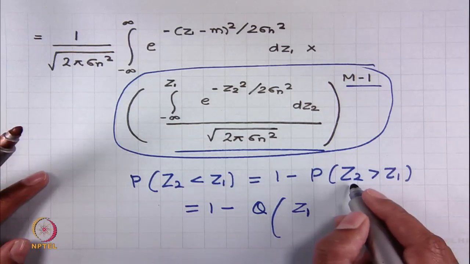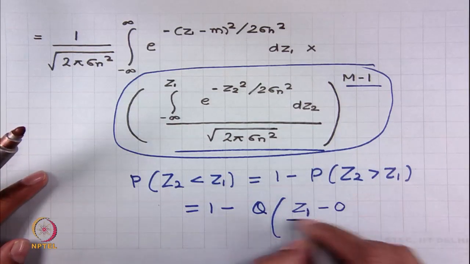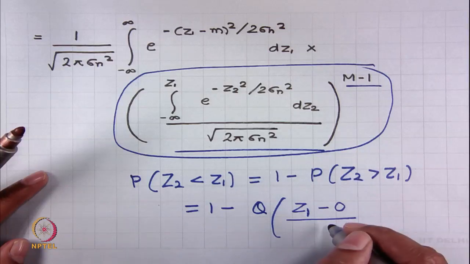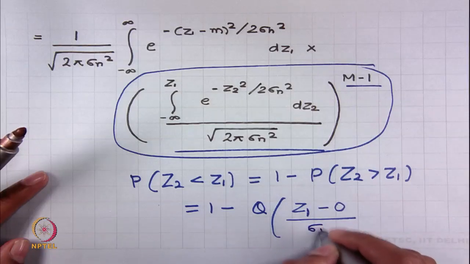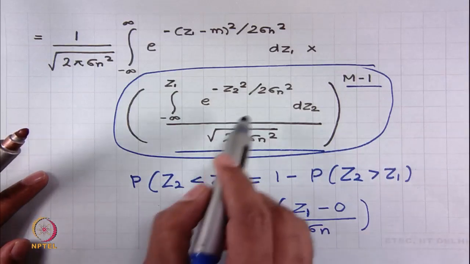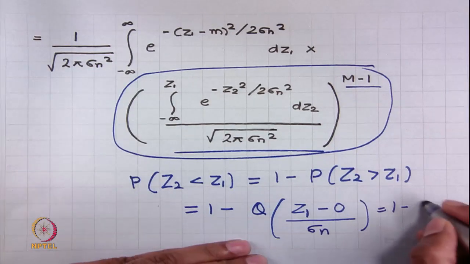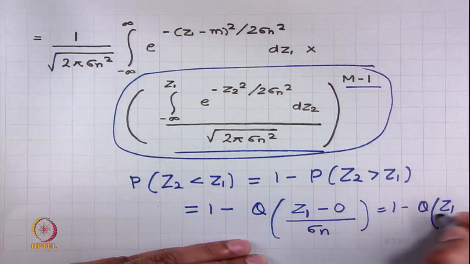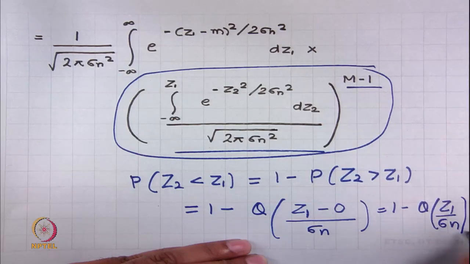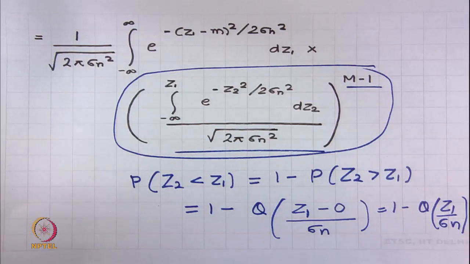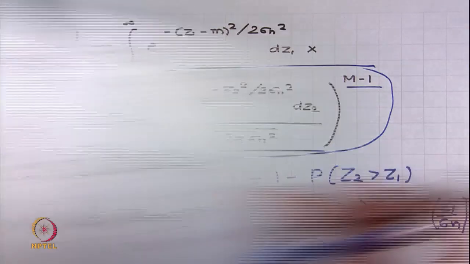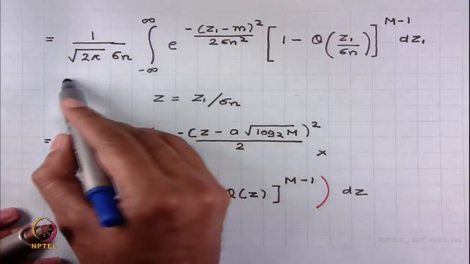What is the mean of Z2? It is 0. What is the variance of Z2? Sigma n square. So, what is the standard deviation? It is sigma n. So, we know that this thing is simply 1 minus Q of Z1 divided by sigma n. Now, we can have this instead of this in here, and we get to this expression.